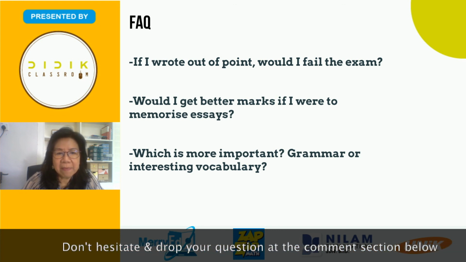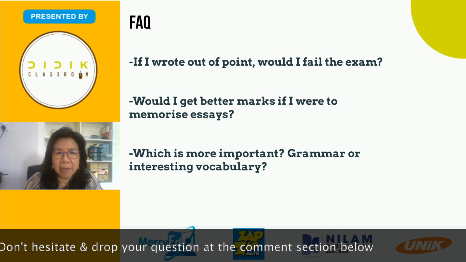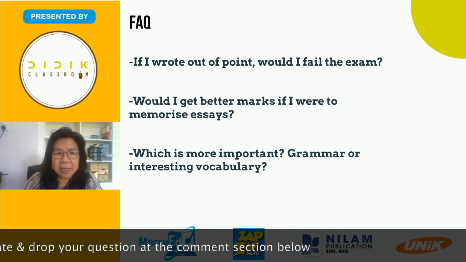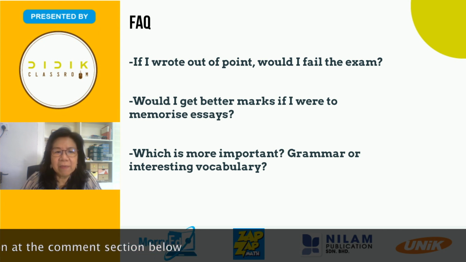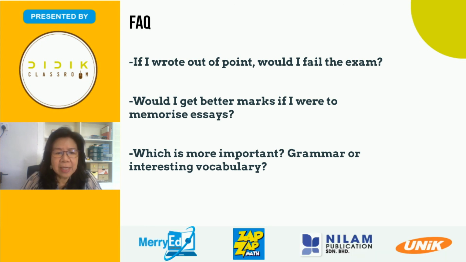So would you get better marks if you have more interesting vocabulary but the same grammar proficiency? Then yes, we look at interesting vocabulary. But if your grammar is not right and you have a lot of interesting vocabulary all over your essay, we still look at grammar. All right, so please do take care about the common errors. Try to, in the next few months, reduce your common errors.